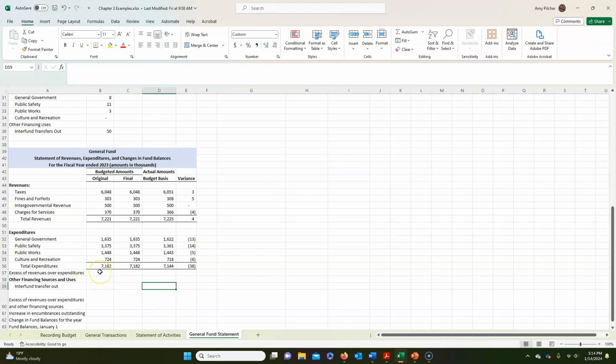And then the excess of revenue over expenditures. So we have total revenues minus total expenditures. So, of course, positive in every instance.